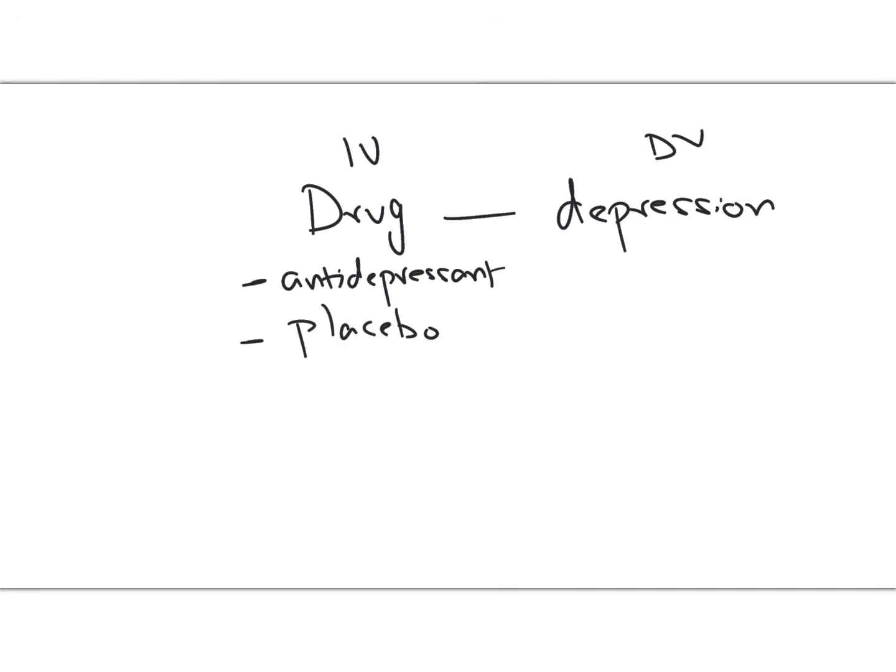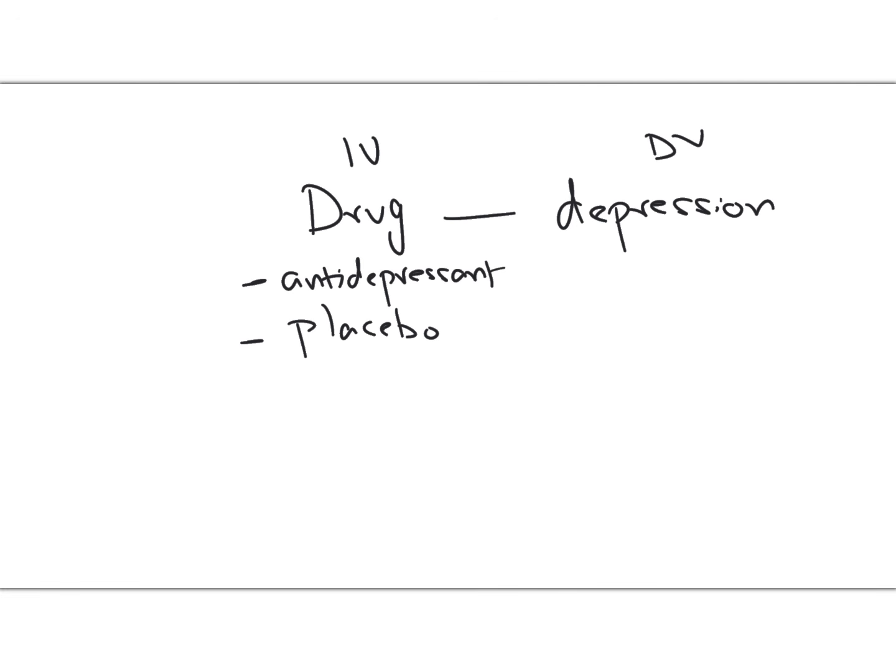Because if you know you're getting a placebo, if you know you're getting a fake drug, then obviously it will lead to demand characteristics, it will affect your behavior. So to try and avoid that, I will not let you know that you are in the placebo group. So this is a single blind technique when the participants are unaware what condition they're in. A double blind technique is when both participants and observers are not aware which condition the participant is in.